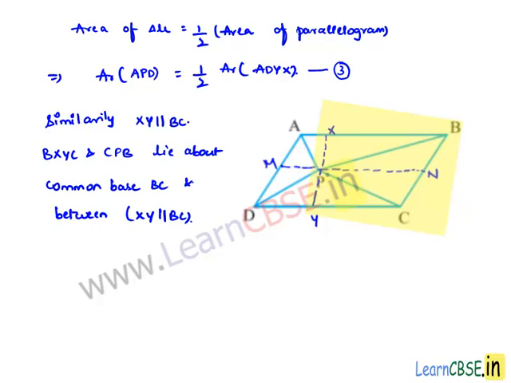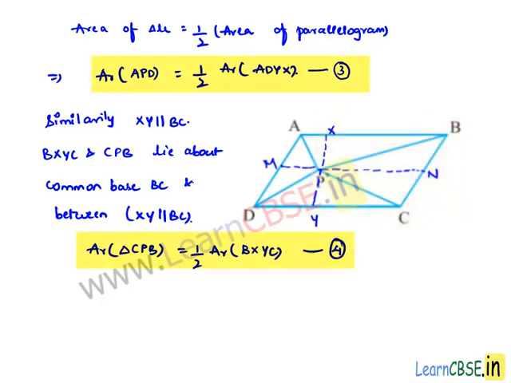Now, when a parallelogram and a triangle lie about the common base and in between the common parallels, then area of triangle, that is area of triangle BPC or CPB, will be half times area of parallelogram, that is BXYC. Let it be as equation number 4.